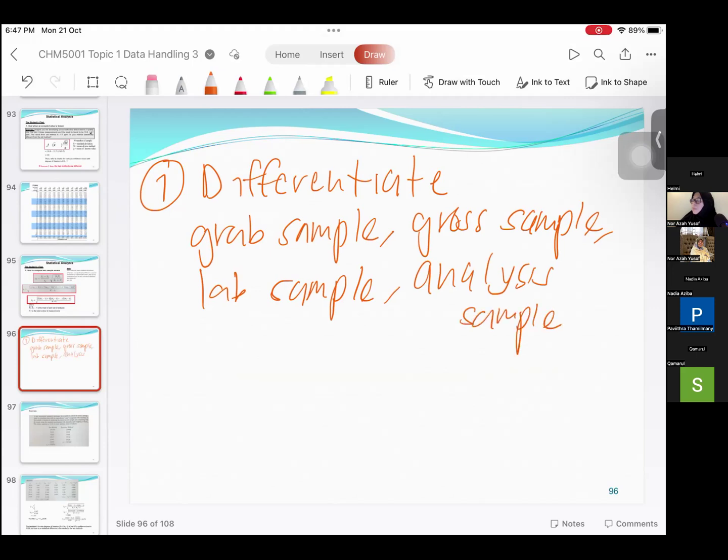Number 2, let me check, I have jotted it down just now.